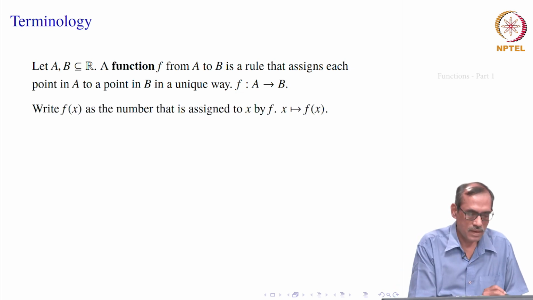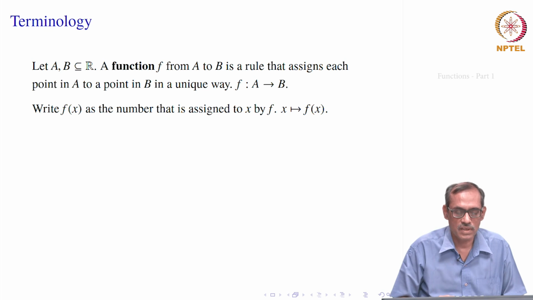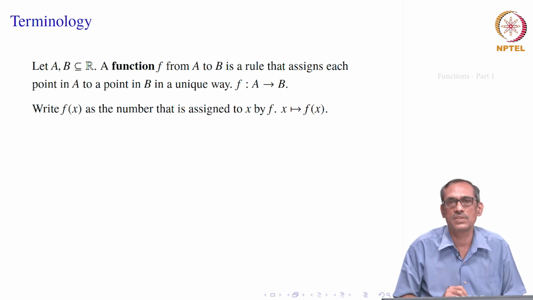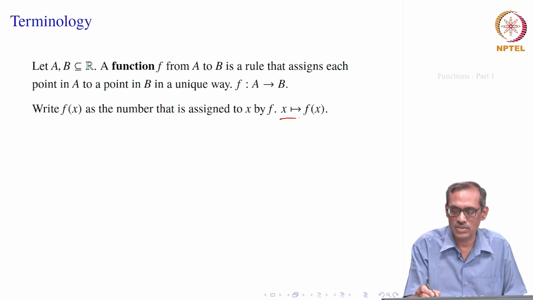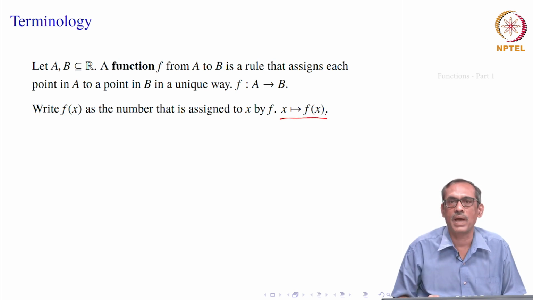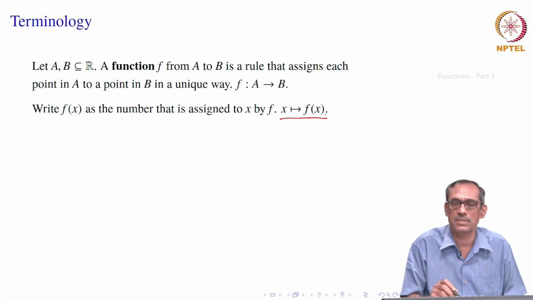We will write this number in B as f of x. If x is an element in A, then this map is taking this x to a number somewhere in B. That number in B is written as f of x. Sometimes we say x is taken to f of x, or x is mapped to f of x by the function f.